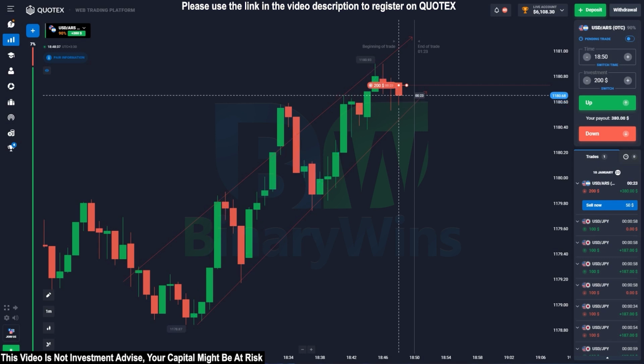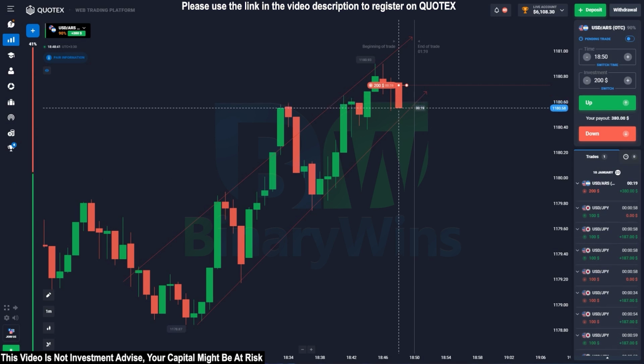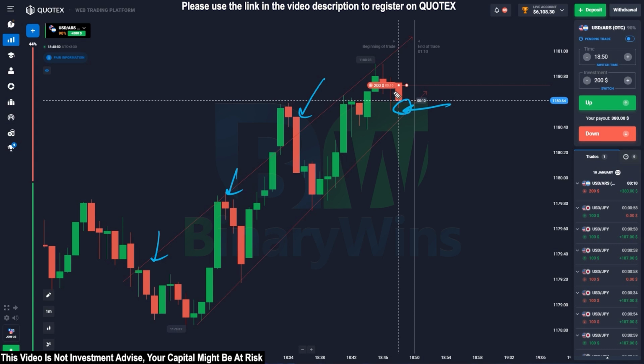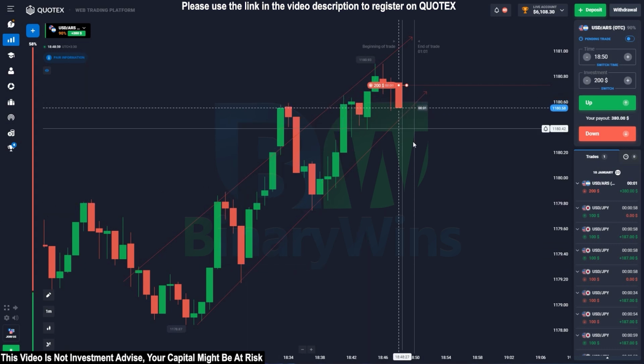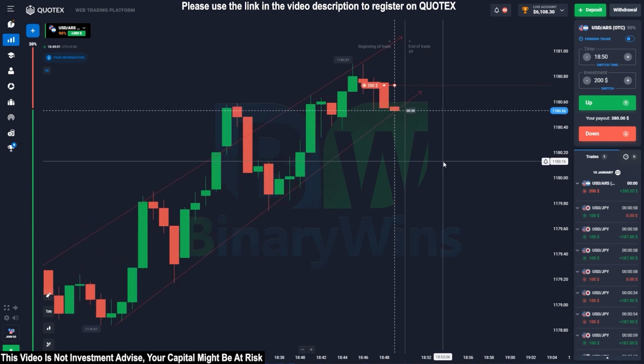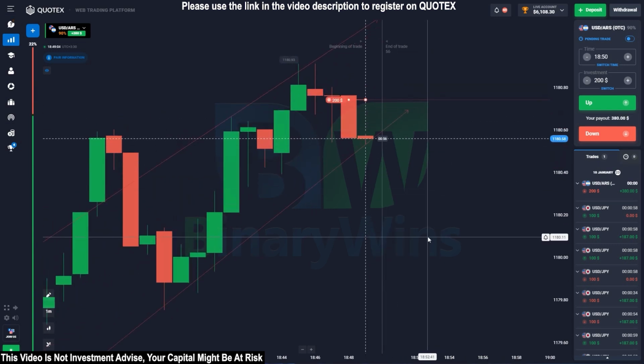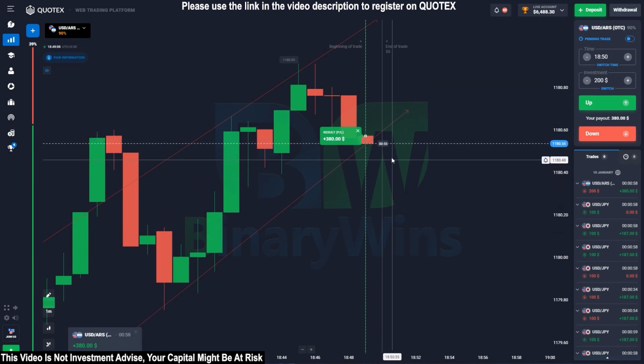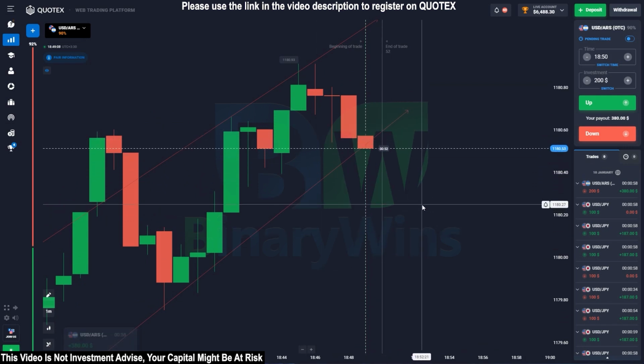That's why the candles will probably return to this range again. Look here, here, here, and the candles are moving down again inside this channel. To follow the direction of the candlesticks, I entered the lower trade. Okay.